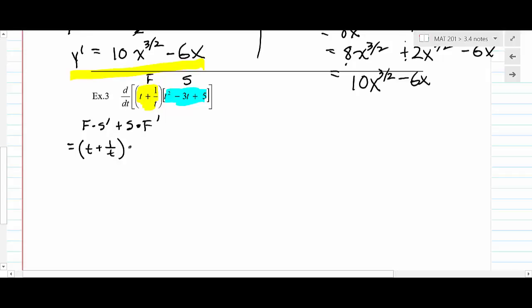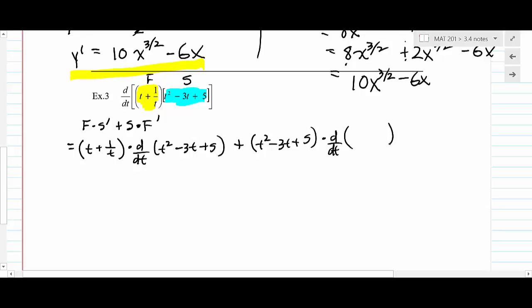And I like to get students to use the notation correctly, so now you're going to take the derivative with respect to t, that's the Leibniz notation, of t to the second minus 3t plus 5. And then you say plus, and then you do it backwards. Then you write down the second. You don't touch it. Just write it down. And then you're going to multiply by the derivative of the second.